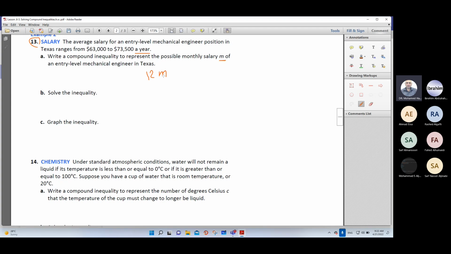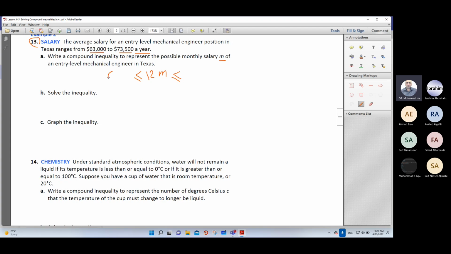And this value between two values, less than and greater than. Because here position in taxes range from this value to this value. Means we have here equal and here equal. Because this value include and this value include.